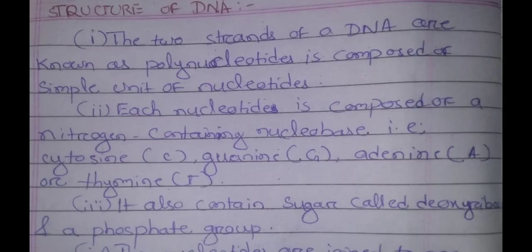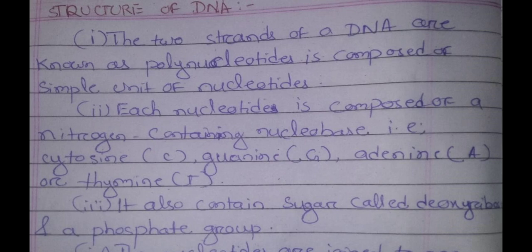This is the structure of DNA. You can see that this is a double helical structure, first described by Watson and Crick. The two strands of DNA are known as polynucleotides, composed of simple units of nucleotides.